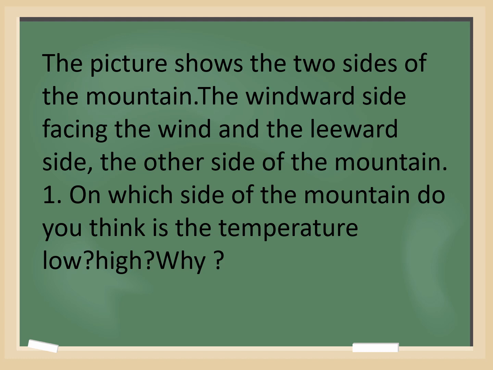Why? Because on the windward side, as shown in the picture, there are bodies of water that contribute to making the temperature low. While on the other side of the mountain, it is usually desert, so the temperature is hot.